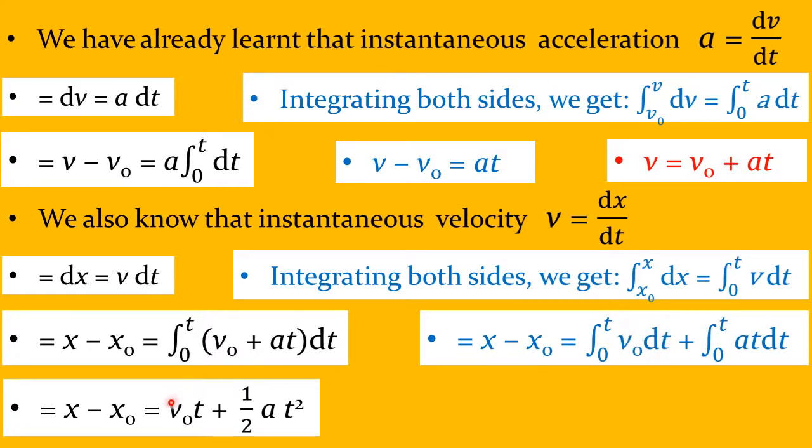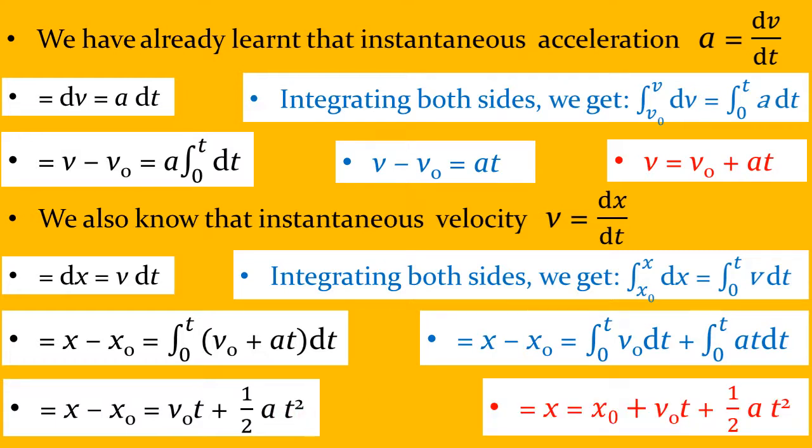So I have got v0t. And the second part, a is constant, so that comes out. And what is integral of t? Integral of t dt is t square by 2. So I got half at square. Now if I rearrange it, I have x is equal to x0 plus v0t plus half at square.